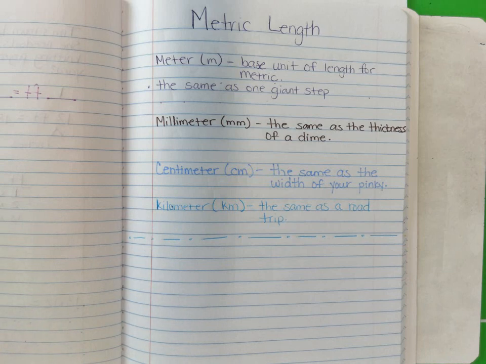Millimeter, we said, is about the same as the thickness of a dime. So if you look at a dime from top to bottom, that space in the middle is very, very tiny.